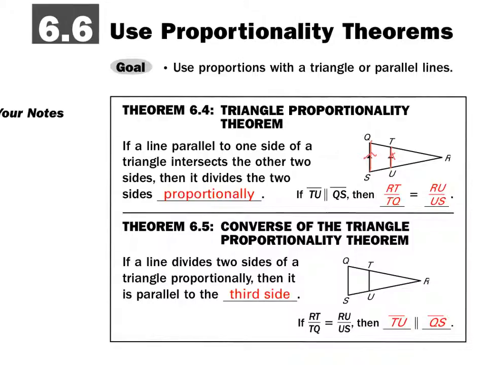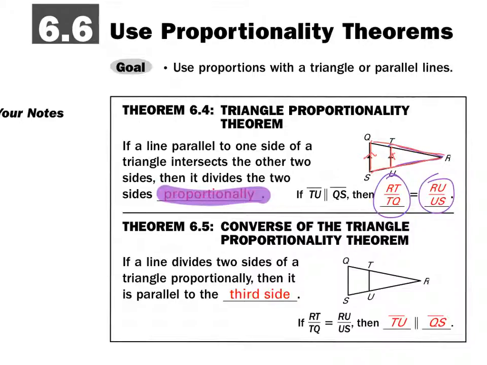So if you look at this triangle here, it's RT over TQ equals RU over US. So these sides, in other words, are corresponding to each other.